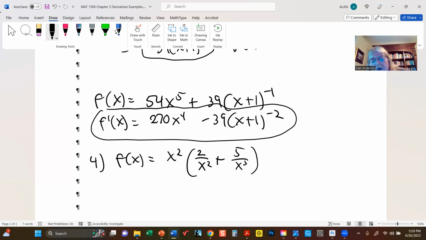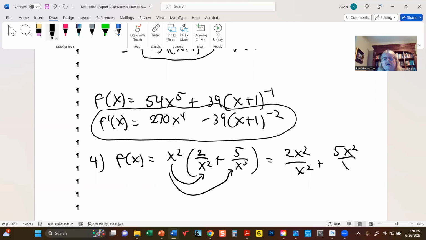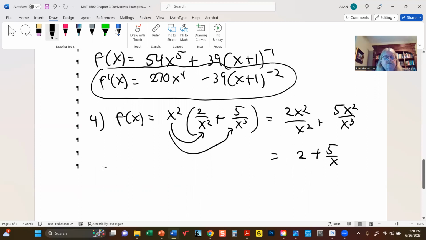Now, once again, you could use the product rule here, but you're probably better off multiplying this by each of these two terms. So you're going to have 2x squared over x squared plus 5x squared over x cubed, we'll have 2 plus 5 over x, or what you could do is write this as 2 plus 5x to the minus 1.